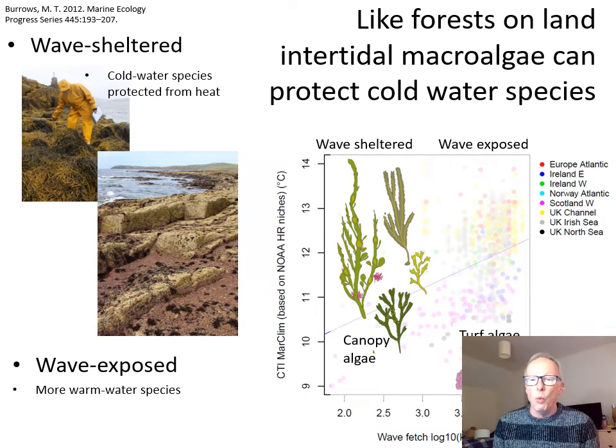And the more warm water species occur in wave exposure. So like forests on land, macroalgae can protect cold water species from the effects of heat waves.